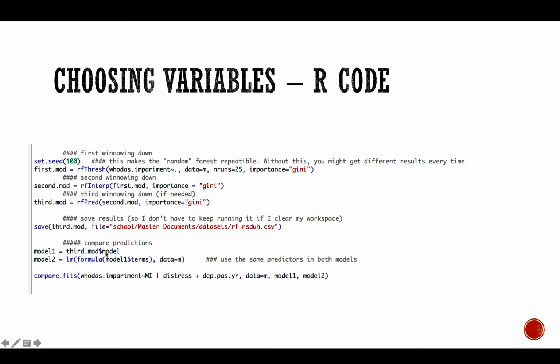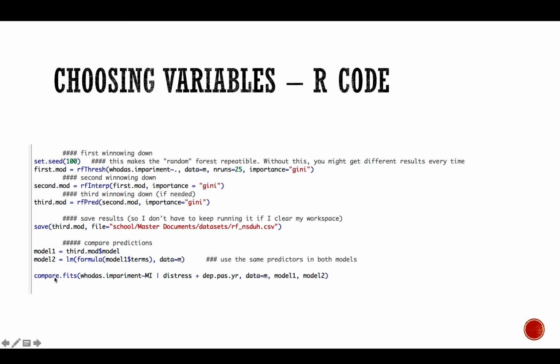To extract the random forest model, you just go third.mod$model and store it in a variable called model1, or you can name it whatever you want. Then we can create a second model, which is just a linear model. And all I did here was, this is short code, model1$terms. That gives you basically the variables used in the equation, and I turn them into a formula. So this right here will give me a regression version of the same variables.